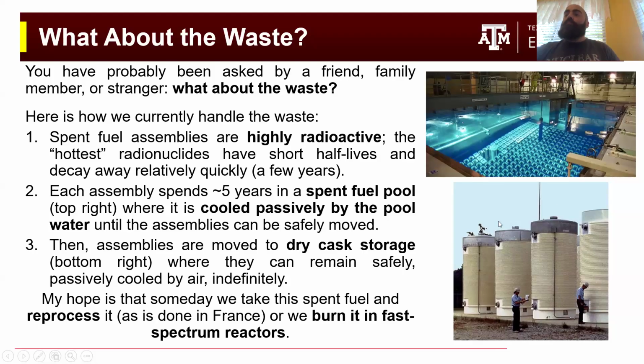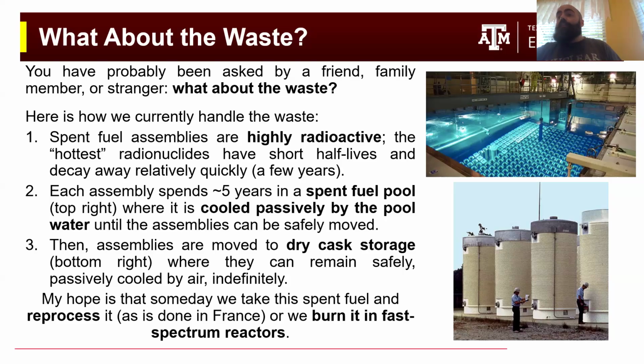We could take these fuel assemblies out. We could do a big chemical engineering project where we extract all of the isotopes that would still be able to produce energy for us, like the remaining uranium and the remaining plutonium that's been built up. And then we can take those isotopes and make a reprocessed fuel, like a metal oxide fuel, that we could then use to run our nuclear power plants.